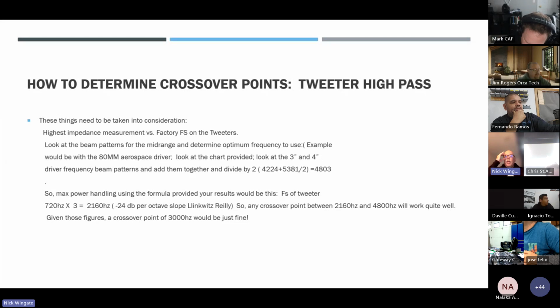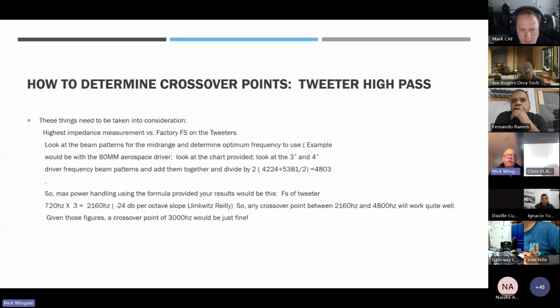Now, there are other things that have to be taken into consideration when you're going to be building a high pass crossover frequency, and we're going to design it. Obviously, we need to take care of the FS of the driver. Absolutely. If you can measure the impedance once the speaker has been installed in the car, if you have the tools necessary to do it, by all means do it.